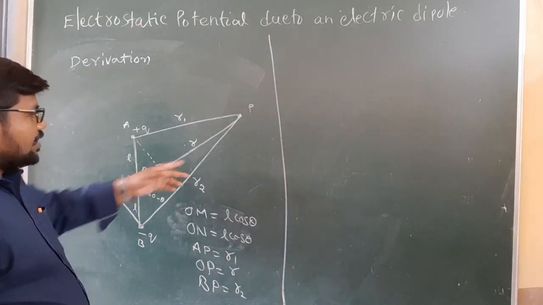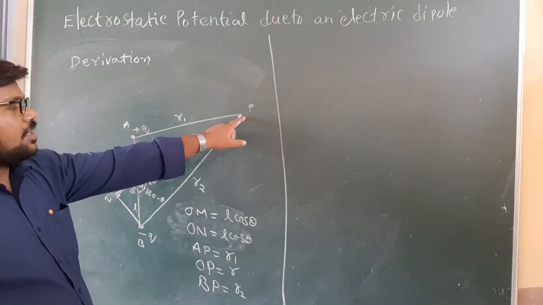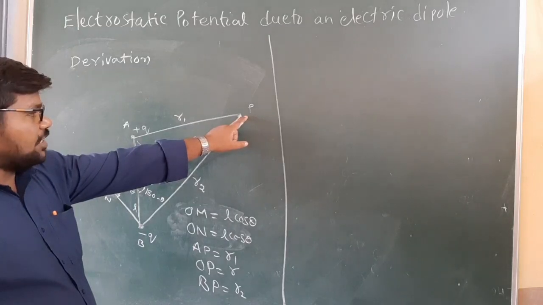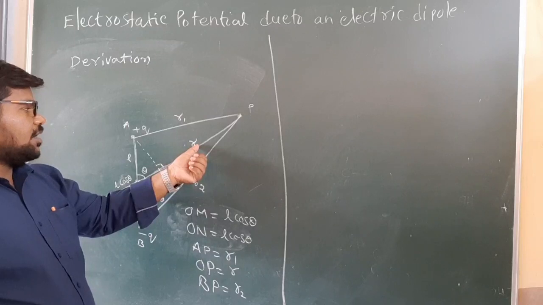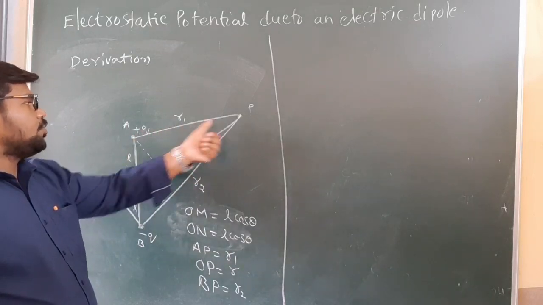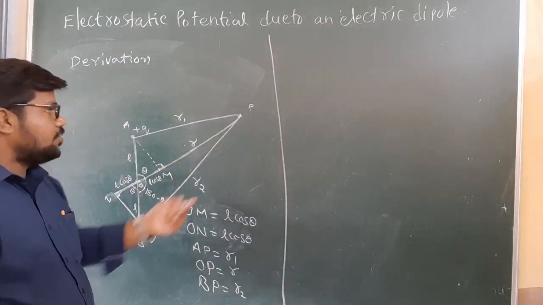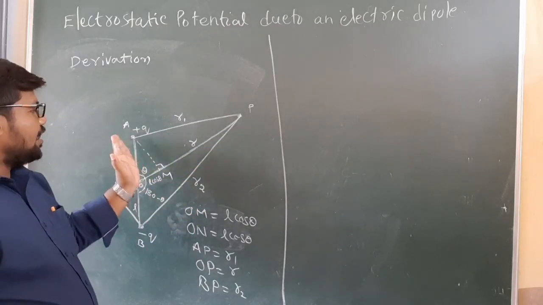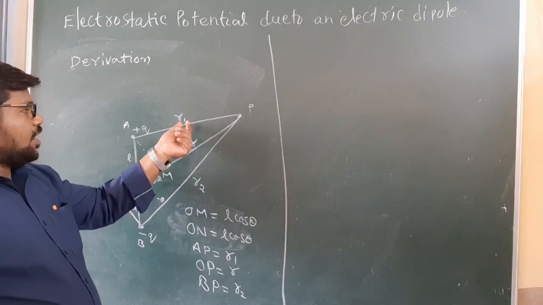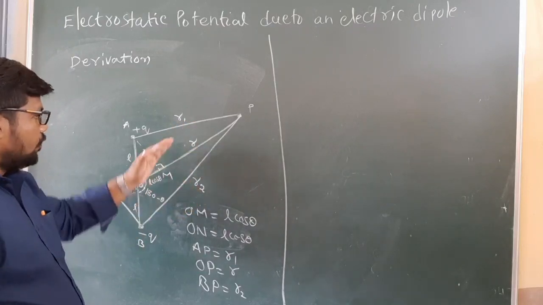And consider a test charge at a distance r from the center of the dipole. The distance from A to P is r1, the distance from B to P is r2. So we draw the perpendicular lines to get the values of r1 and r2.